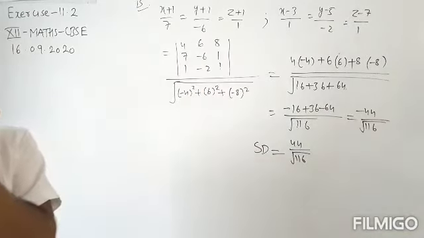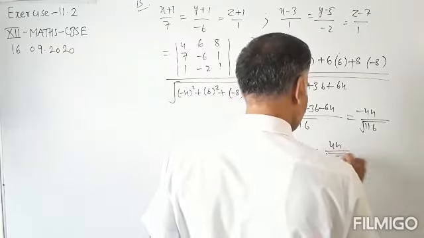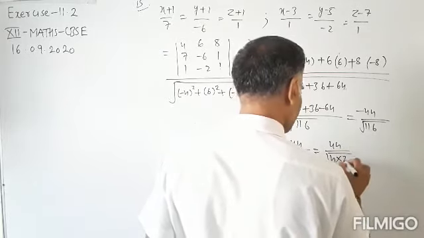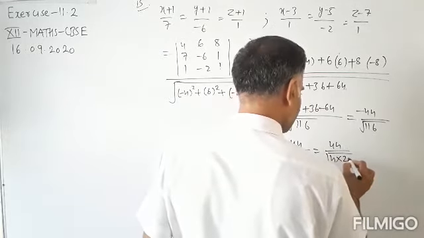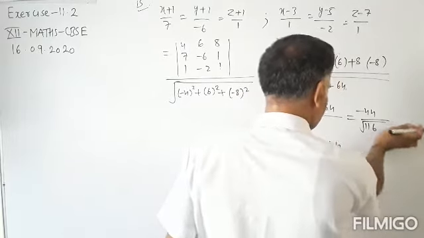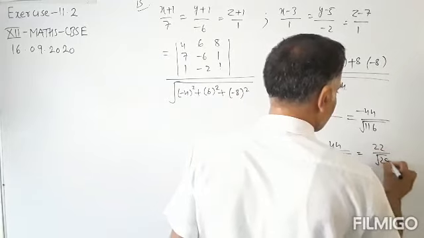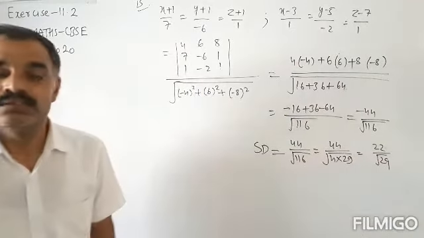This can be written as 44 upon 4 into 29, that is 2 divided by 2, that is 22 upon under root 29. So the shortest distance is this.